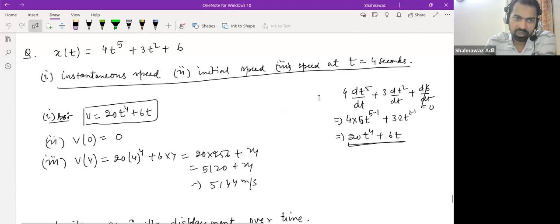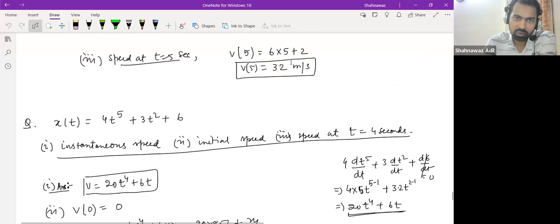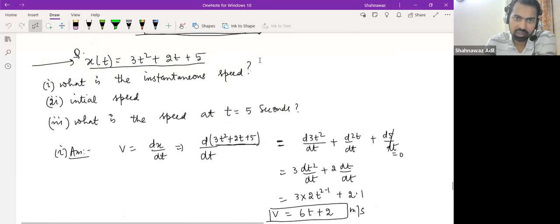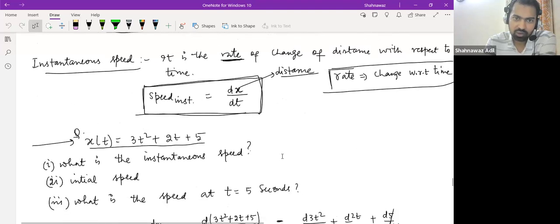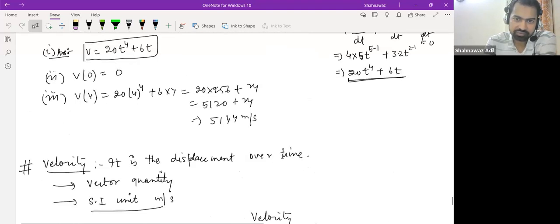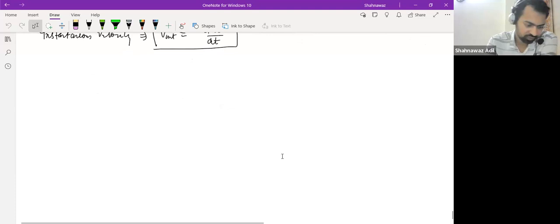Okay, so let me give you a quick recap. What we have done so far is that we have talked about speed, and we have talked about distance and displacement.